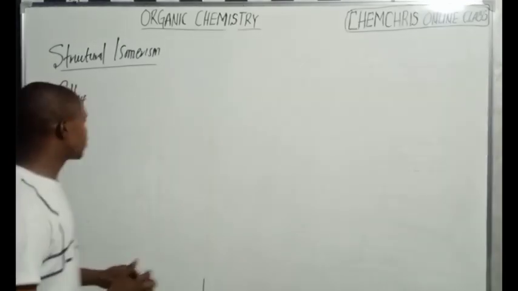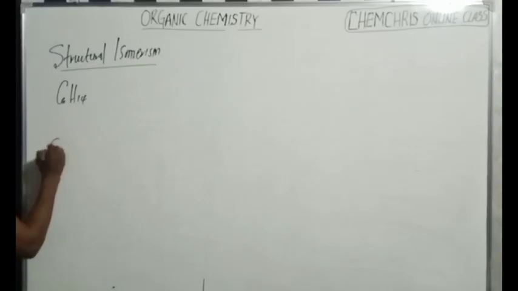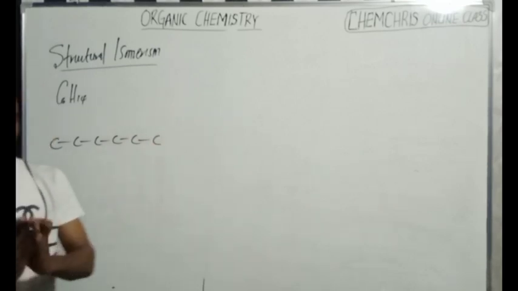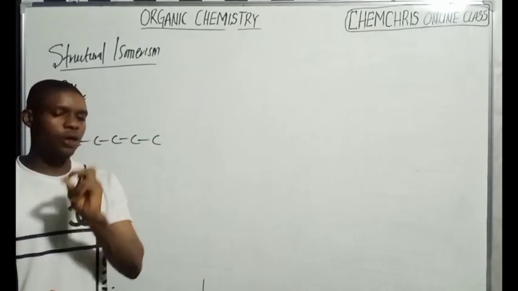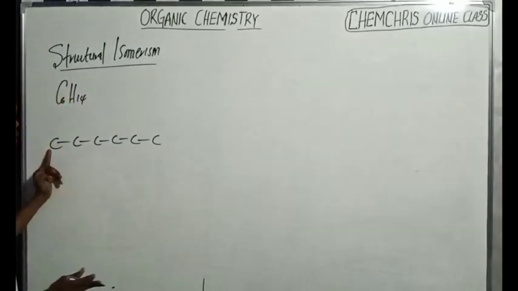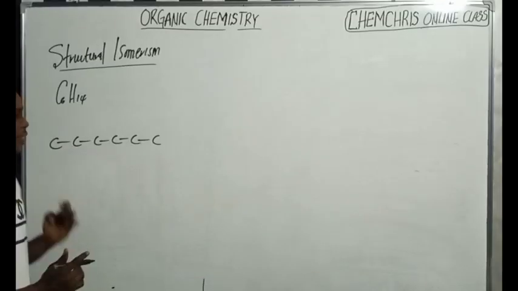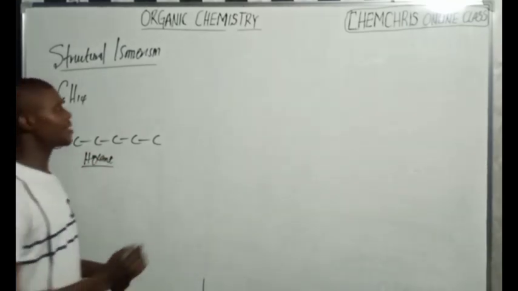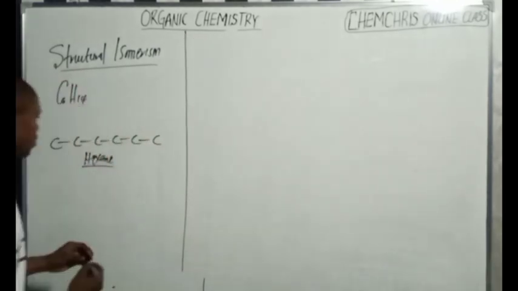So how do you get this one here? Let me have 1, 2, 3, 4, 5, 6. Now we are going to ignore the hydrogen first. Do you understand? So here we have 1, 2, 3, 4, 5, 6, right? So this is going to be hexane. So this is going to be my first isomer, right?